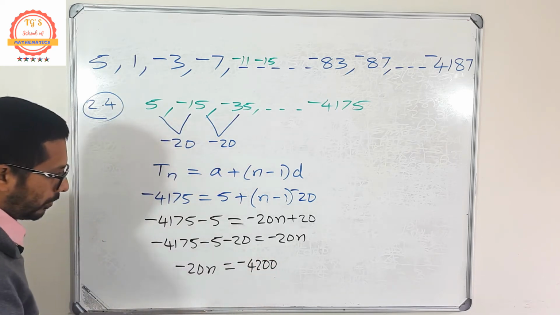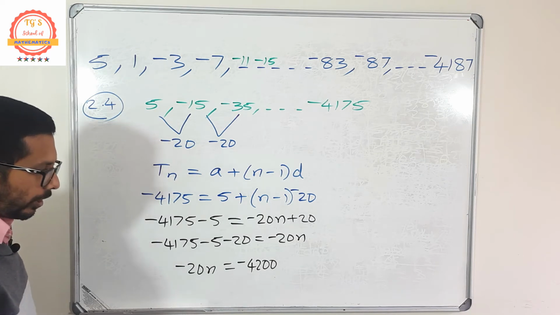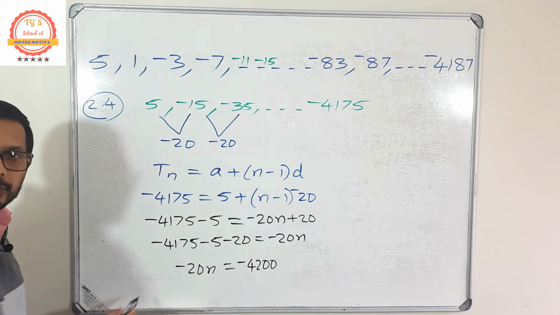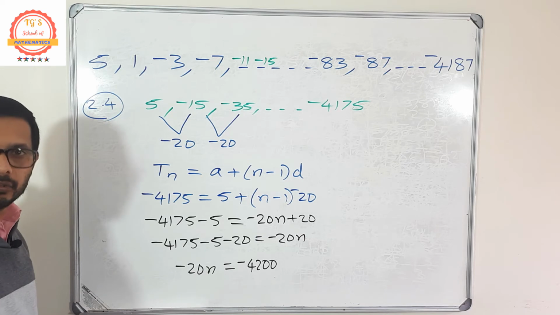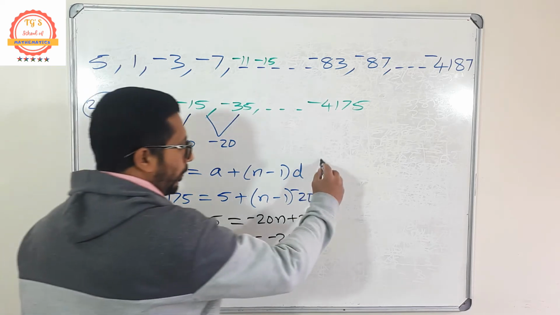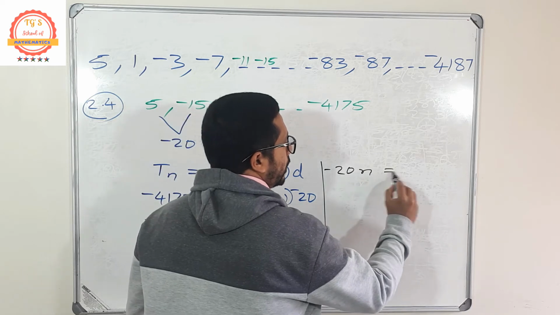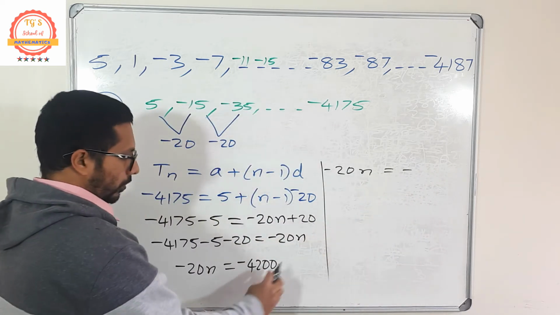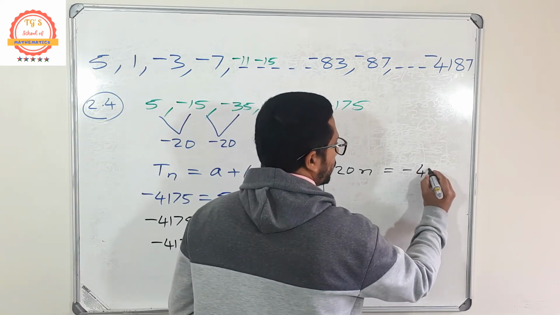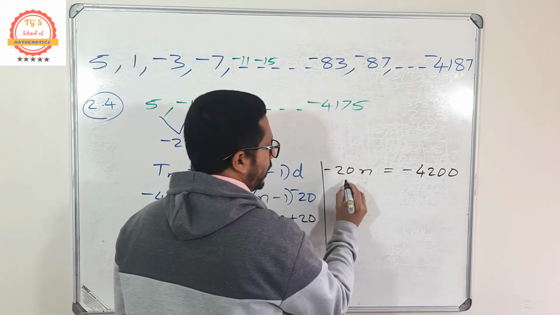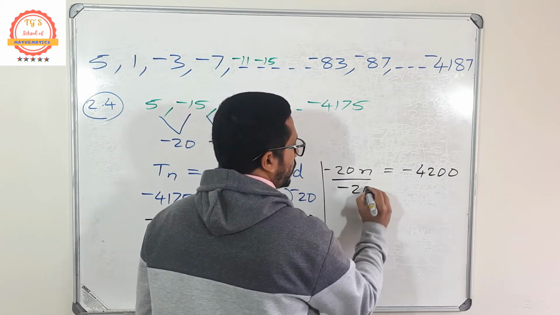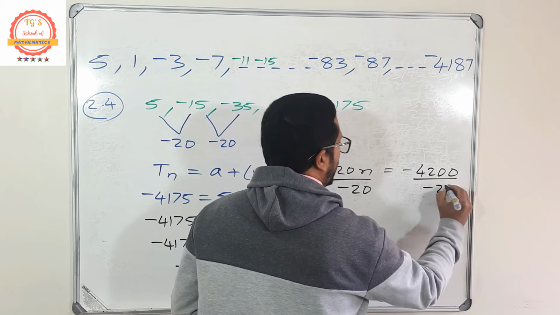So now both the sides we have to divide with the minus 20. We have to find the value of n. Okay, so minus 20n is equal to minus 4200. So I am going to divide both the sides with the minus 20.